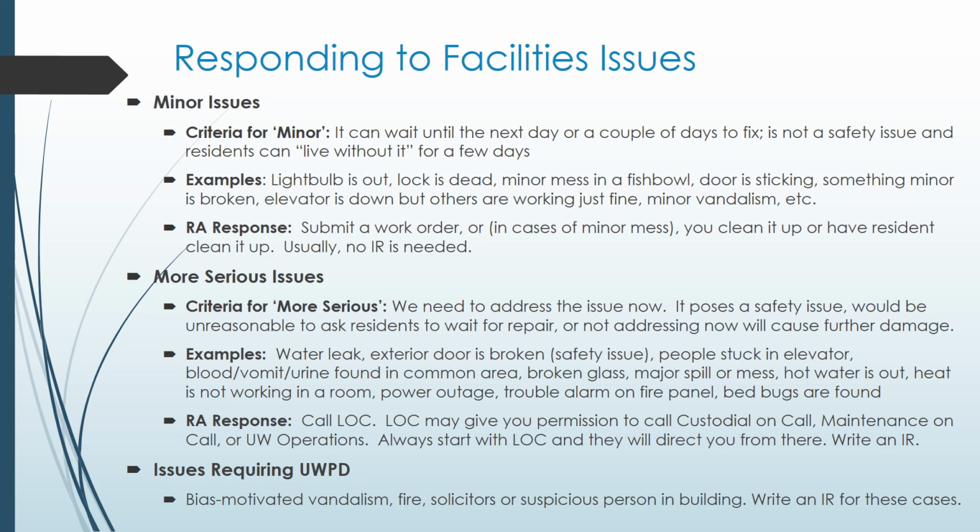But instead of boring you by going through all of those, you can read that for yourself in the RA manual. I want to go by category of incident and help you understand what is a minor issue and what is a more serious issue, and when do we need to get a supervisor like your RC or LOC involved, and when do we need to get UWPD involved, and also when do we need to write an incident report. So that's what these next slides are intended to go over.